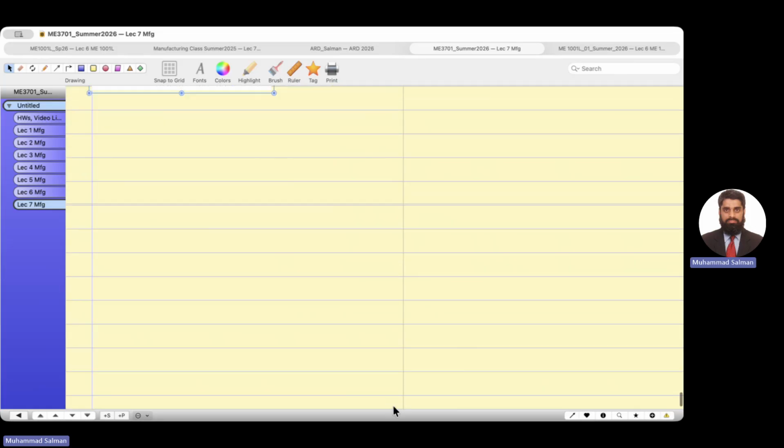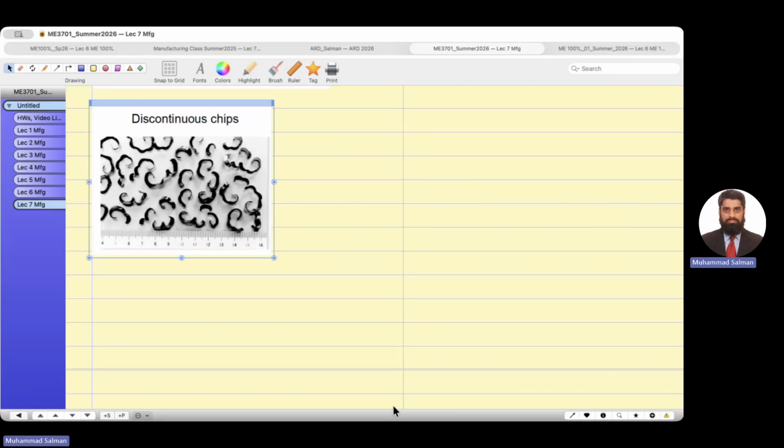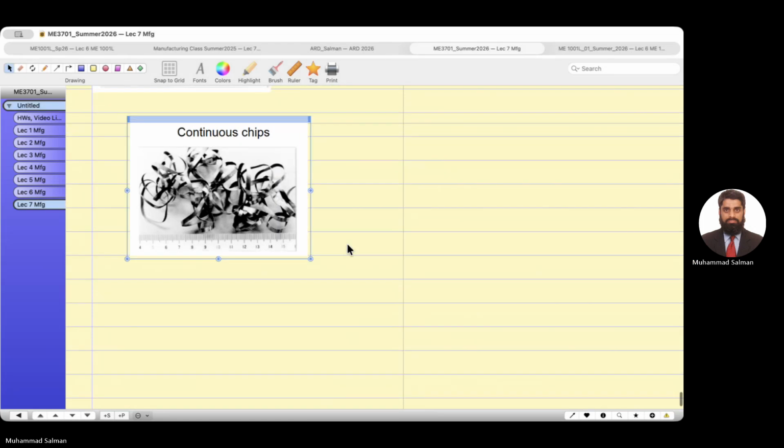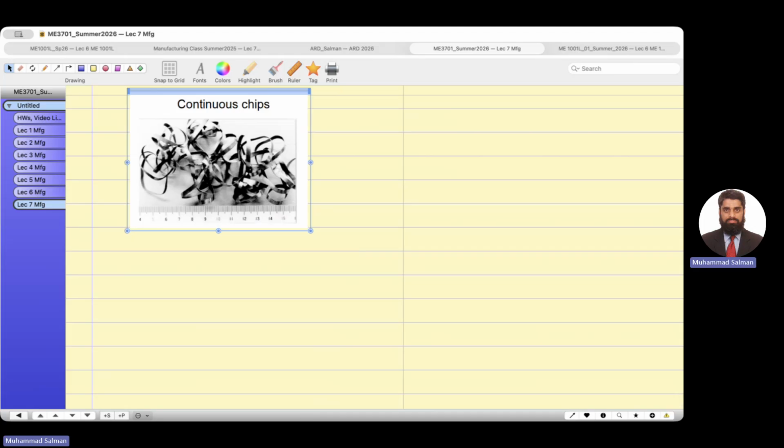Discontinuous chips mean the material is brittle. If it is continuous, then it's more ductile material. The chips are very hot, so we should not touch them.